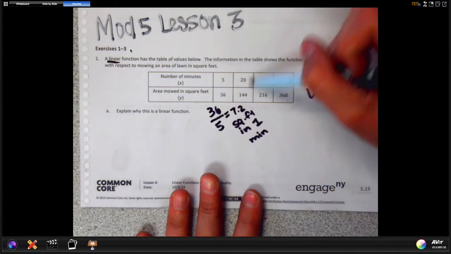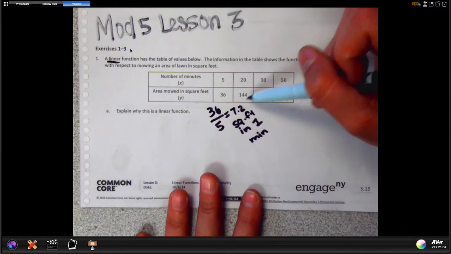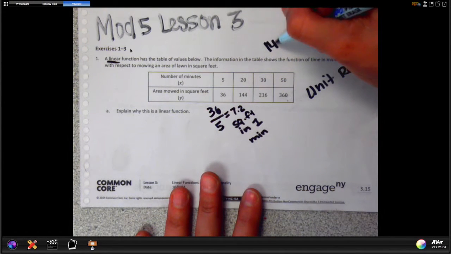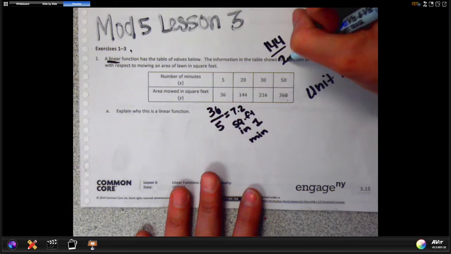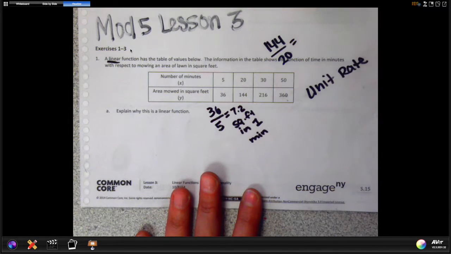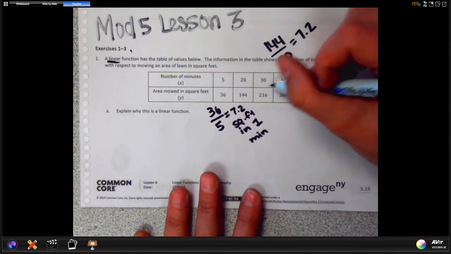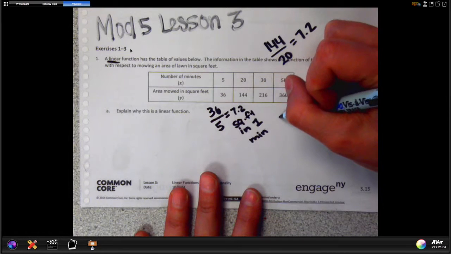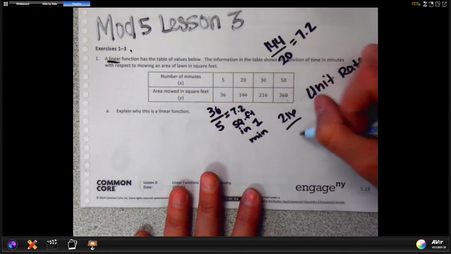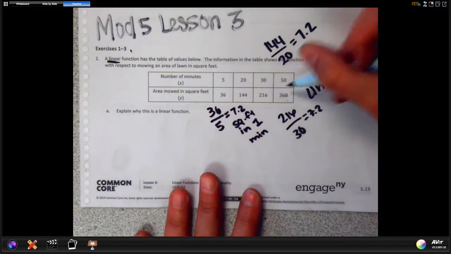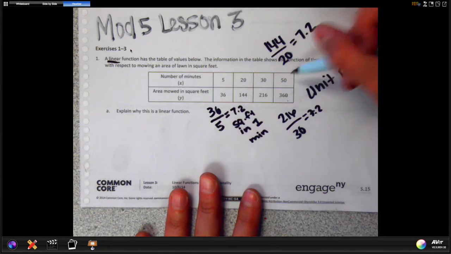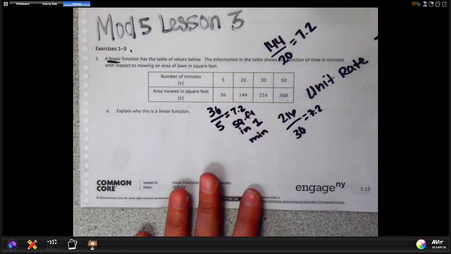If you check the next value, 144 divided by 20, you again get 7.2 square feet in 1 minute. Then 216 divided by 30 is again 7.2. And if you do the last one, 360 divided by 50, you'll also get 7.2.